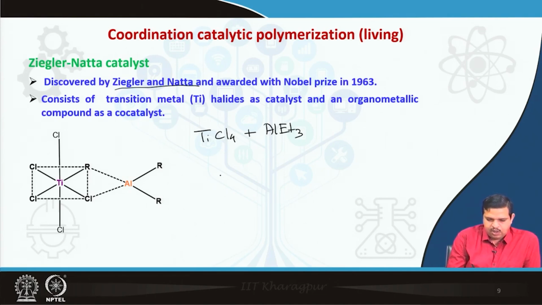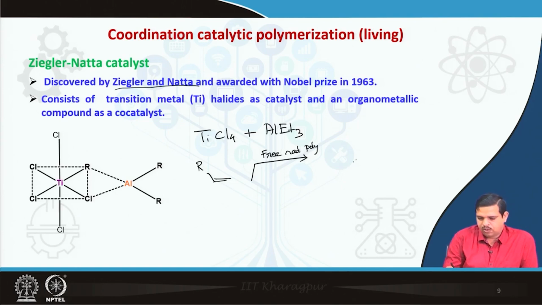So, what is the beauty? You see, if you do the polymerization of, let us say, this one, and if you do the traditional free radical polymerization, you will get the low density polyethylene when R is equal to hydrogen.